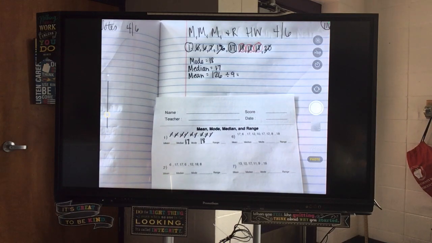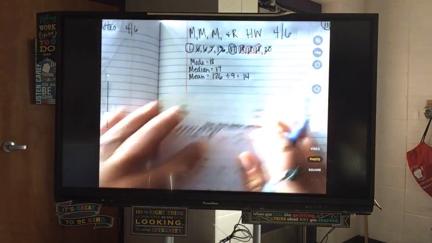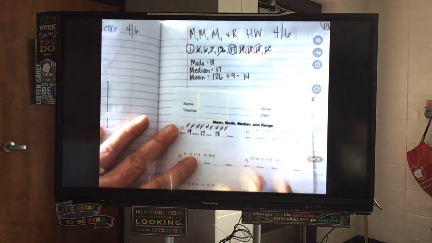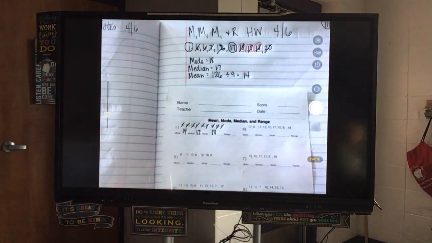Alright, Levy, what'd you get? 14. Yes, sir. So your mean is 14. Now, it's not exactly the same as your median, but it's close, right? So your median is 17, your mean was 14.